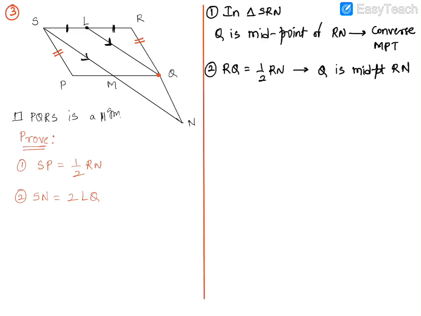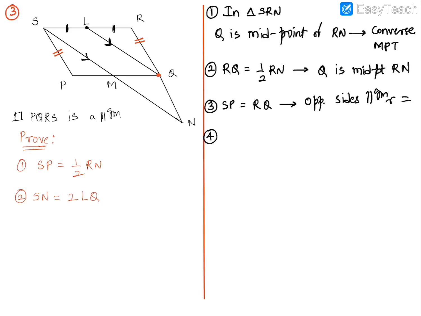Then next statement, number 3. I can also say SP is equal to RQ. Reason? Because opposite sides of parallelogram are equal. Remember, you cannot write any such shortcuts. I'm writing them right now because I don't have space to write.